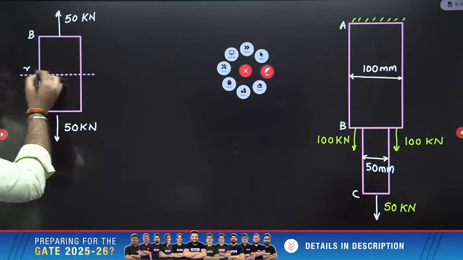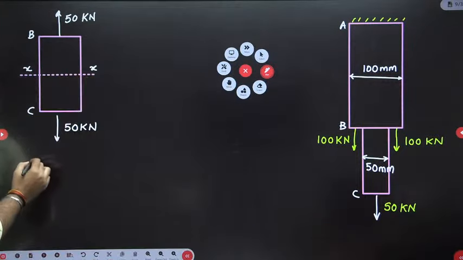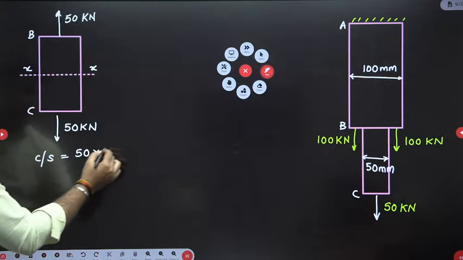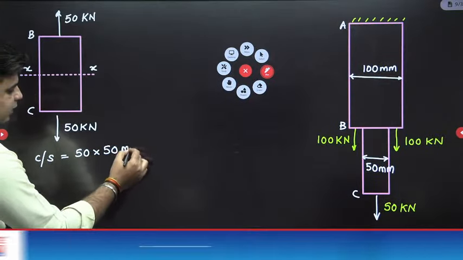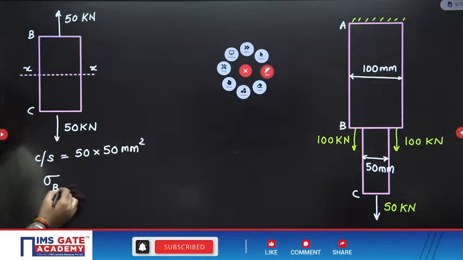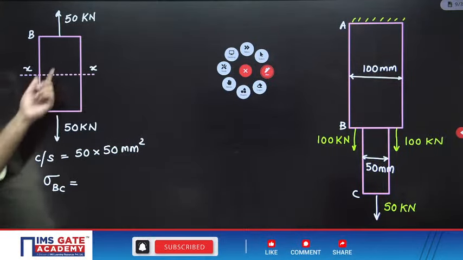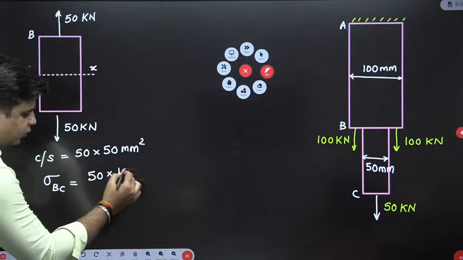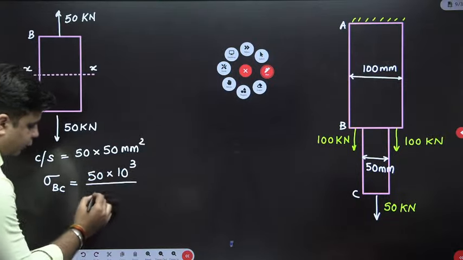The cross-sectional area of this portion BC is equal to 50 by 50 mm square, because it is a square section, sir. Okay, now what is the stress on portion BC? Stress on portion BC is the axial load on portion BC, which is 50 kilonewton. So 50 into 10 raised to power 3 upon 50 into 50.